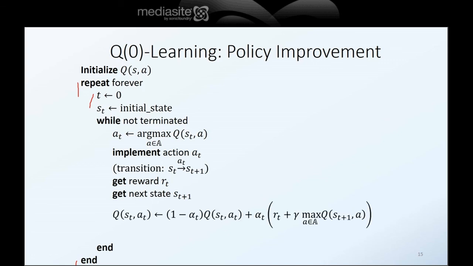We don't need AT plus 1 here because we are doing the argmax. Why? Because this is policy improvement. And so this is the update rule for policy improvement, and then T is incremented to T plus 1. So this is Q learning.